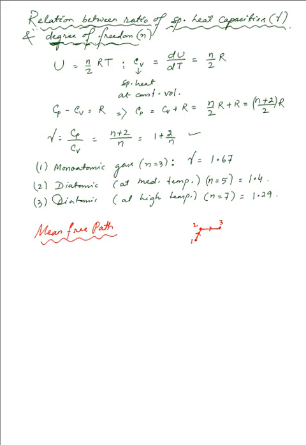Now, in order to obtain a mathematical expression, we draw some assumptions so that we can obtain them easily. The first assumption is that the molecule under observation is the only one that is moving, while the others are at rest.